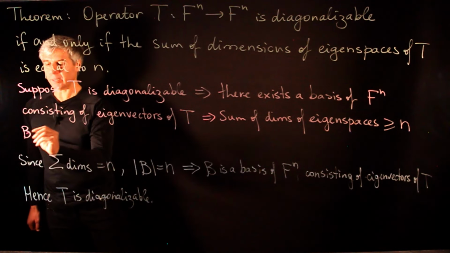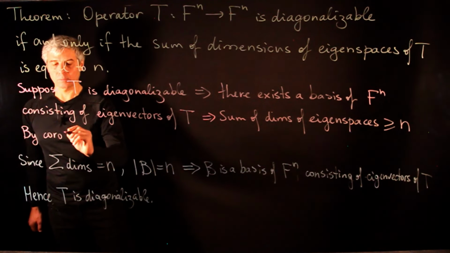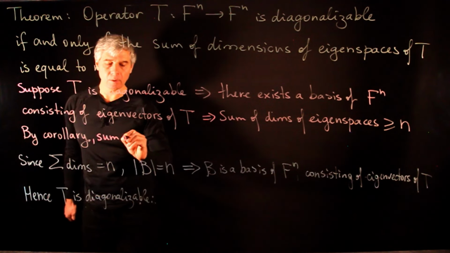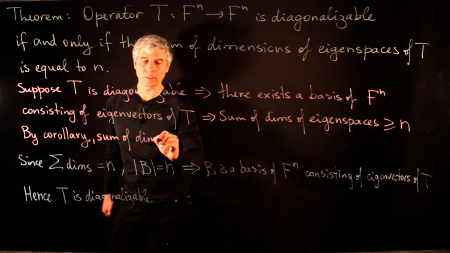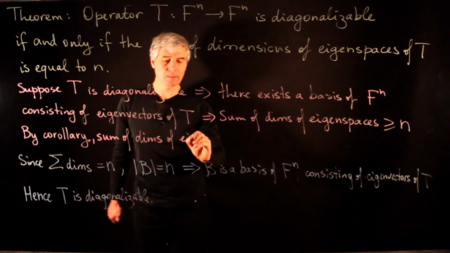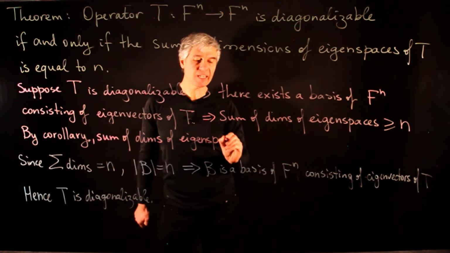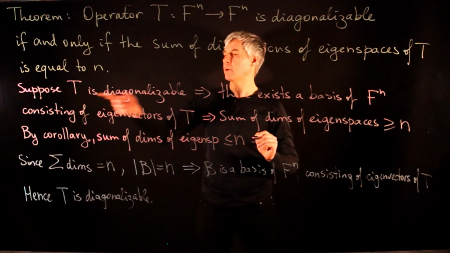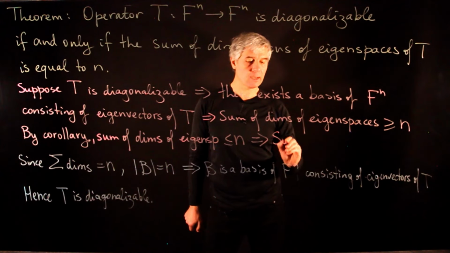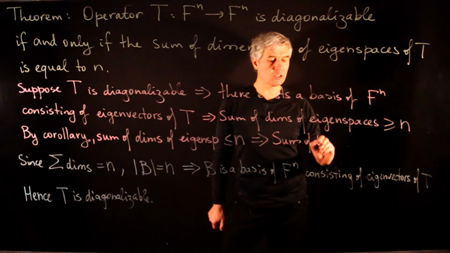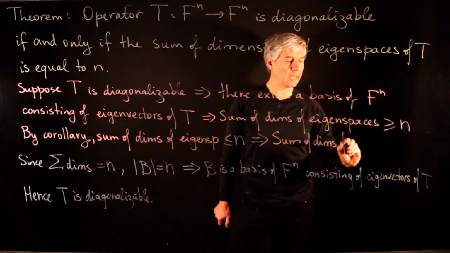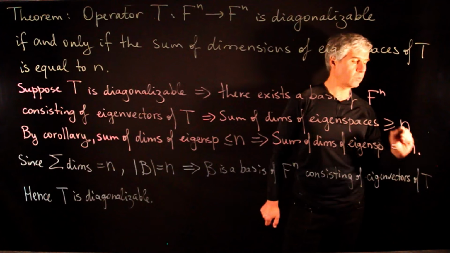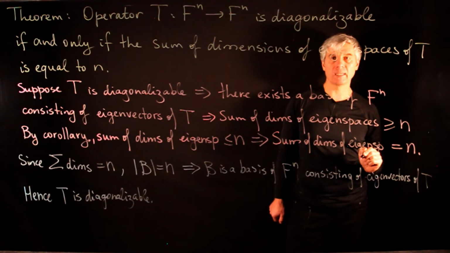But by corollary, we know that the sum of dimensions of eigenspaces is less or equal to n, always. And from here, we conclude that if operator is diagonalizable, then the sum of dimensions of eigenspaces is equal exactly to n. And this completes the proof of this theorem.